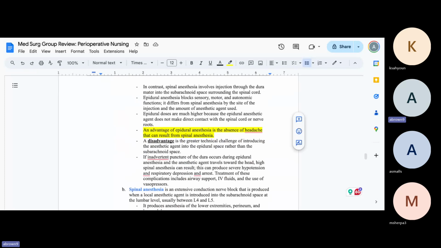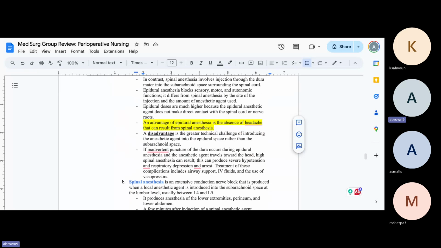It differs from spinal anesthesia by the site of the injection and the amount of anesthetic agent used. Epidural doses are much higher because the epidural anesthetic agent does not make direct contact with the spinal cord or nerve roots. And I highlighted this because I remember that this was really important last year.